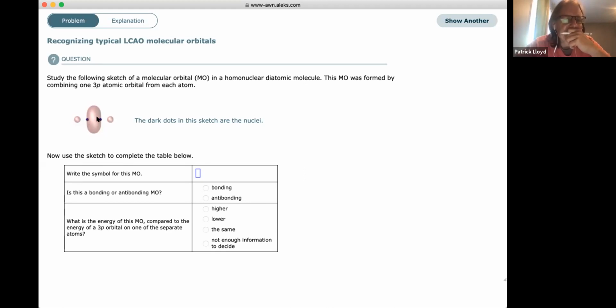Okay, so it looks like there's a lot of region up above and a lot of region below. So that's the way they're depicting this. So this looks like a pi. So this is a pi 3p. And there's no nodal plane, so it's not pi star. And so it'd be pi 3p.